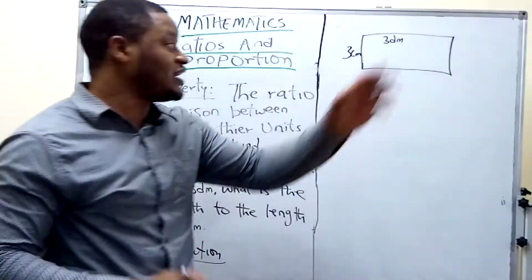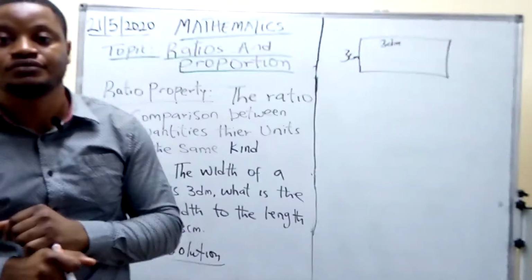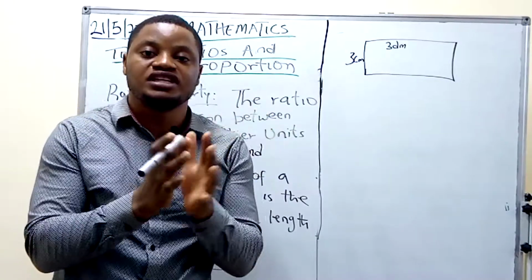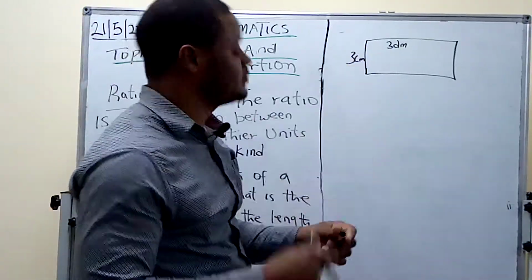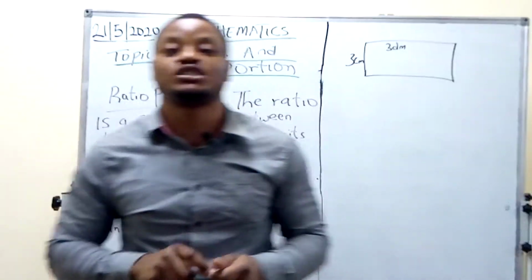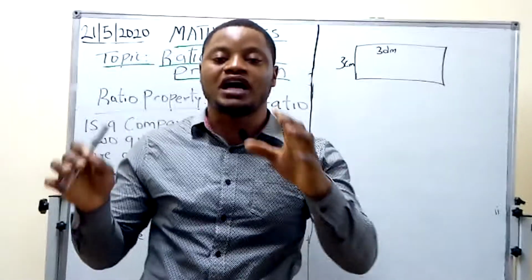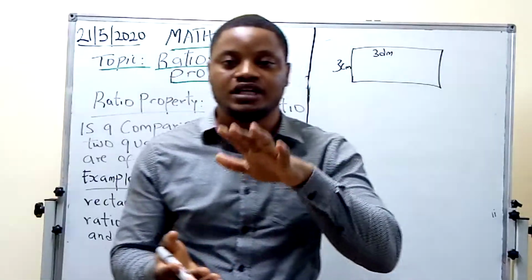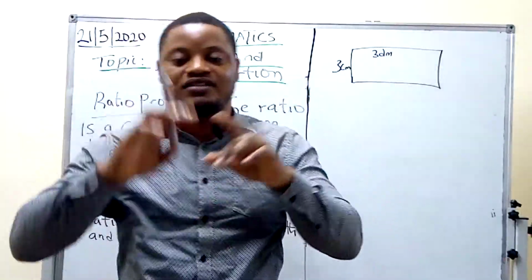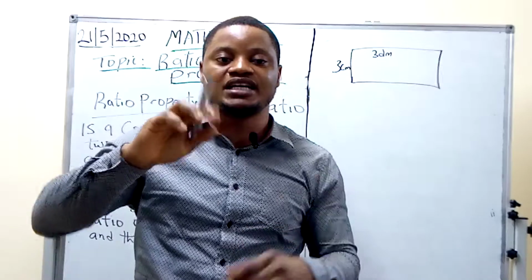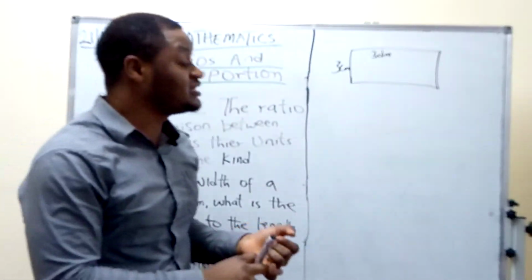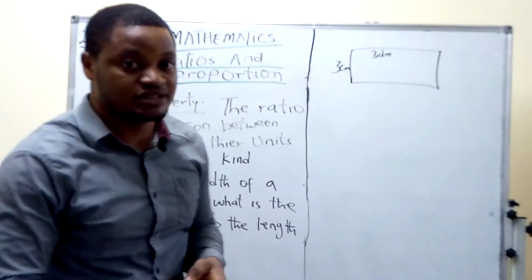But I have to convert it to centimeter. It should be the same unit. Now, how do we convert decimeter to centimeter? You know, at the back of your exercise book, there is a centimeter ruler at the right at the back. 10 centimeter make 1 decimeter.